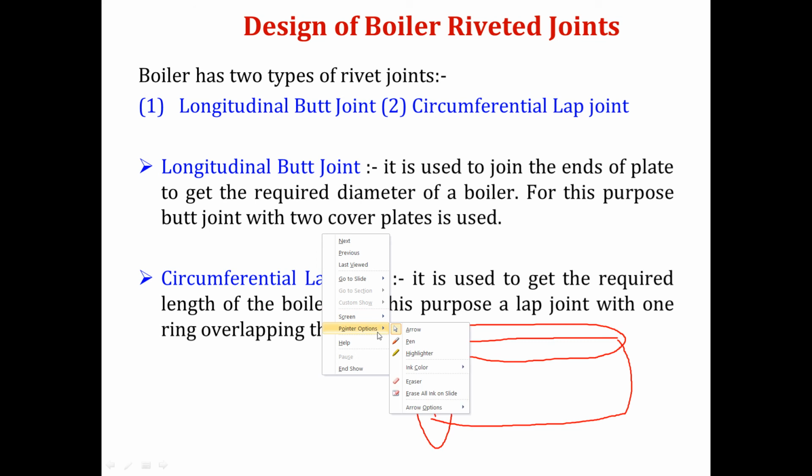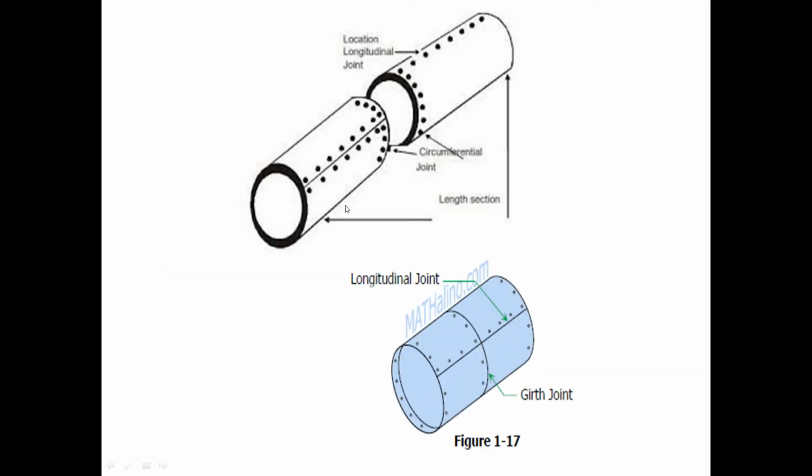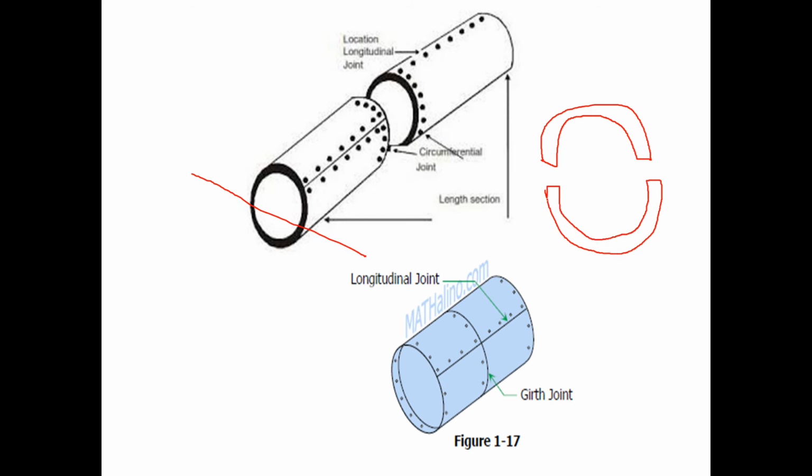That means, if you cut this boiler from the middle, this is one part and this is the remaining part. This is the boiler shell. It is made of some material having some thickness T, and it is somewhat long in shape like this.